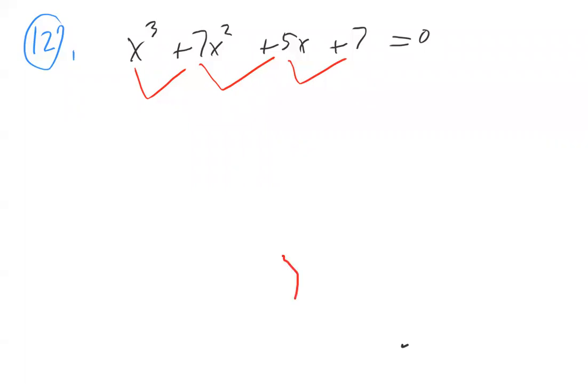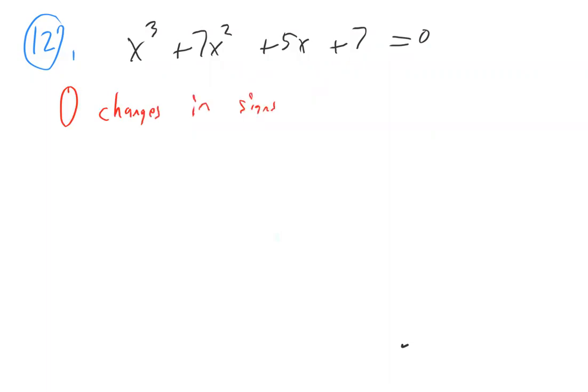So how many changes in signs are there in this problem? There's none. So there's 0 changes in signs of f of x. So that means there's zero positive real roots to this problem.